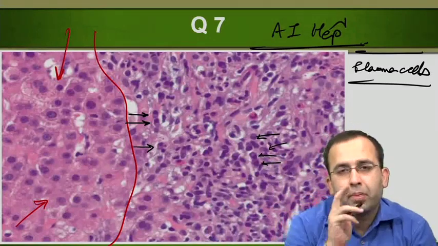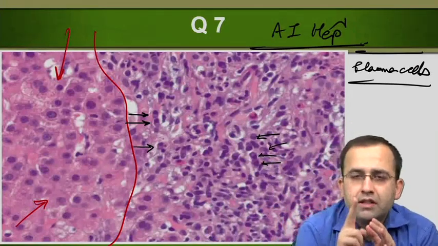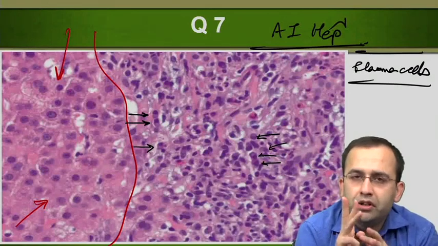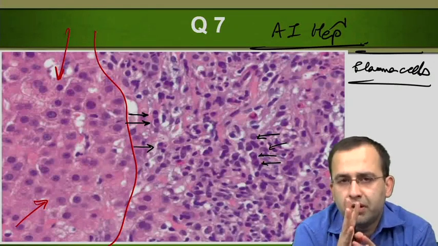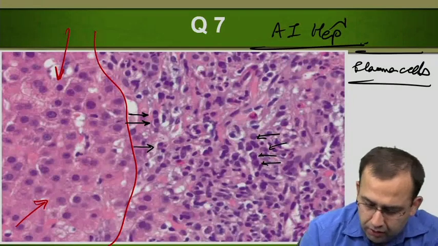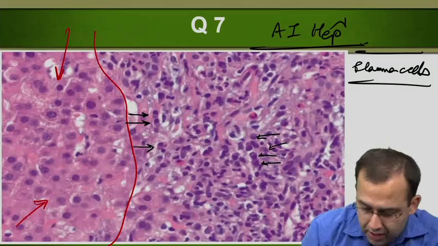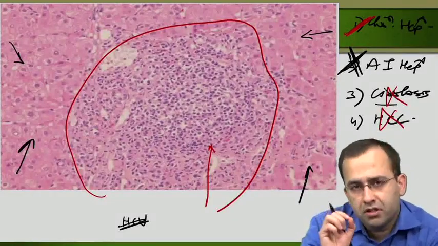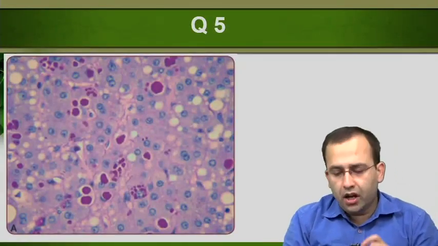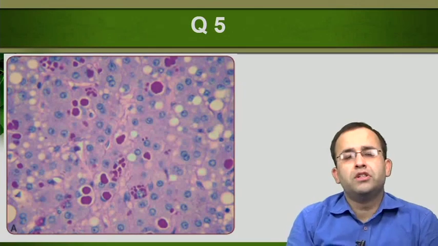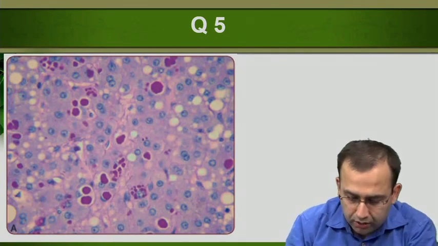I'll repeat: liver, autoimmune hepatitis; stomach, H. pylori; endometrium, chronic endometritis; bone marrow, multiple myeloma. Irrespective of the location, this is what a plasma cell looks like versus a lymphocyte, which is much smaller in nature. Next, now come to this image, which was the controversial one in which majority of you went wrong.